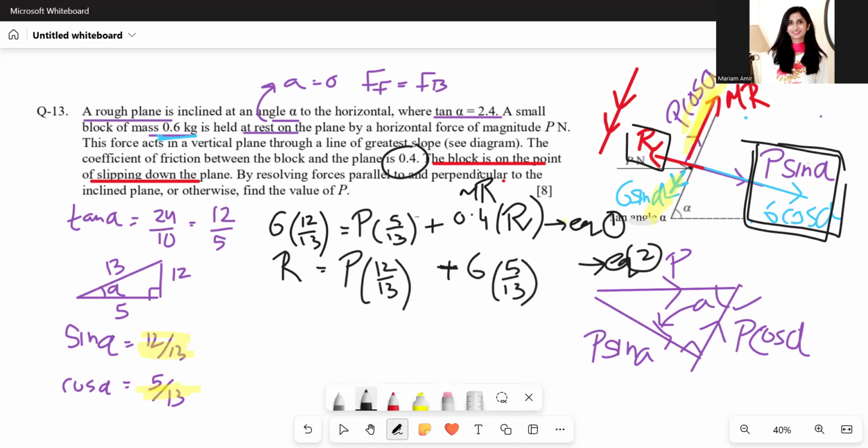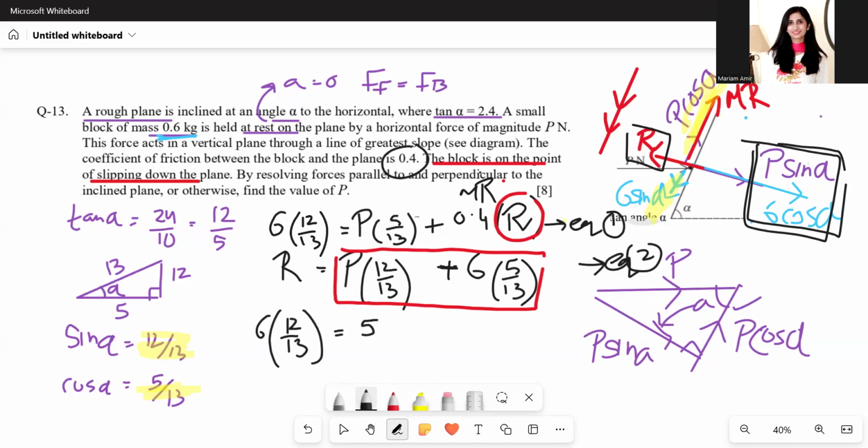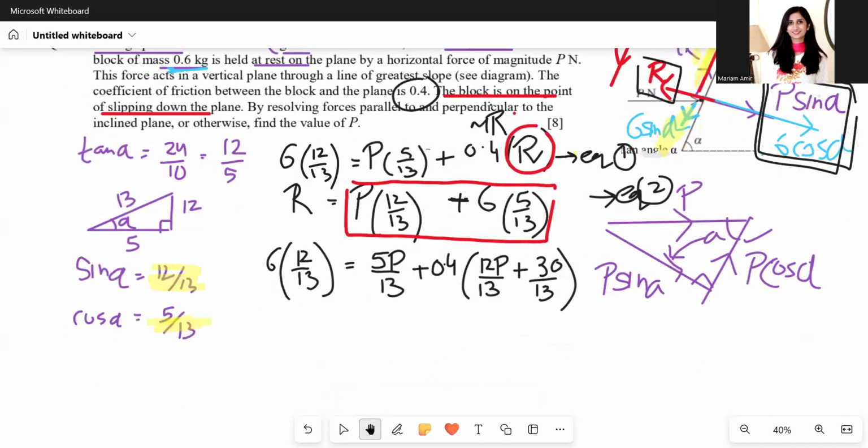Okay. Now what I'm going to do is replace this R with this. So we get 6 times 12 by 13 is equal to 5P by 13 plus 0.4 times 12P upon 13 plus 30 upon 13. Now the only unknown here is P, and you need to find its value. Let's see.